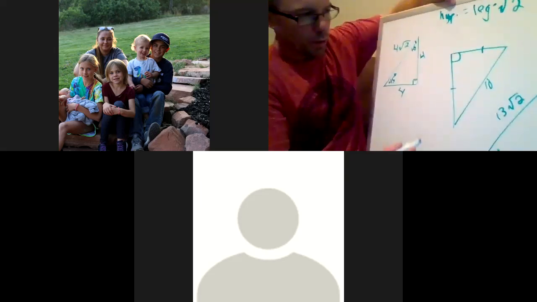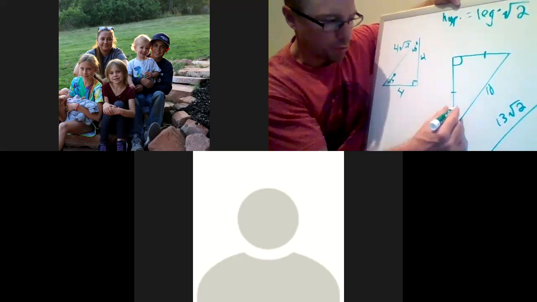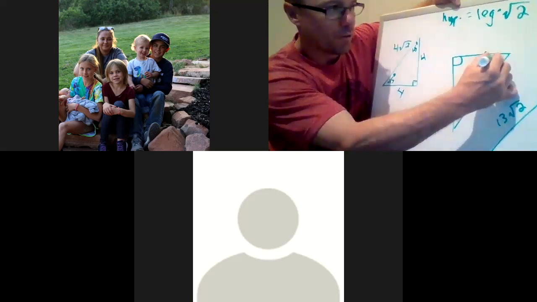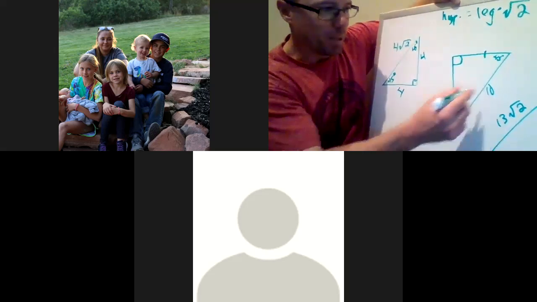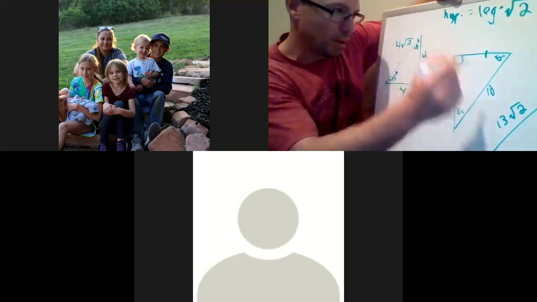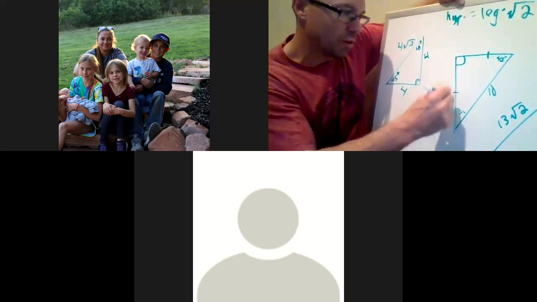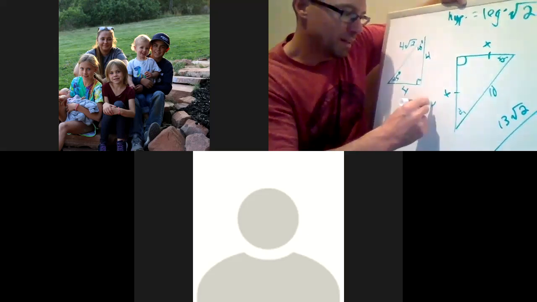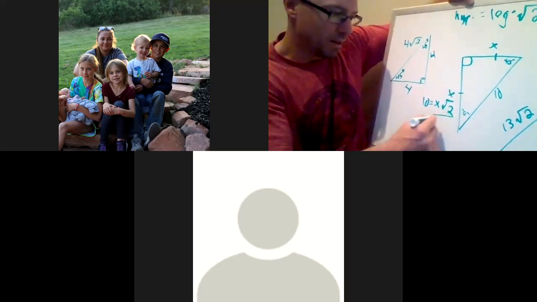Here I've got a similar situation. I've got 2 equal sides and a 90 degree, which means it has to be a 45, 45, 90. But I've been given my hypotenuse, so I plug in 10 into this equation, and I get 10. Let's call these guys x equals x times root 2.